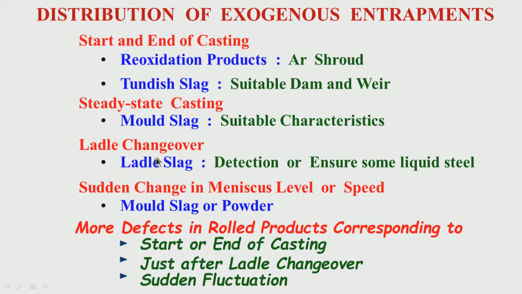If there is a sudden change in meniscus level, or a sudden change in speed during casting, that particular location will be bad, relatively inferior, and more inclusions are expected. So, the start or end of casting, just after ladle changeover, or any sudden fluctuation during casting, these areas are relatively inferior. So, these portions of the cast, whether slab, bloom or billet, are relatively inferior.